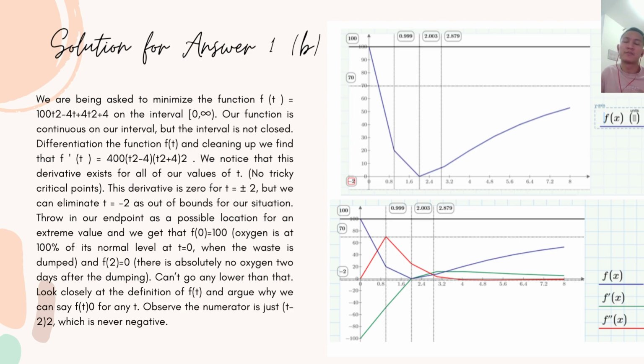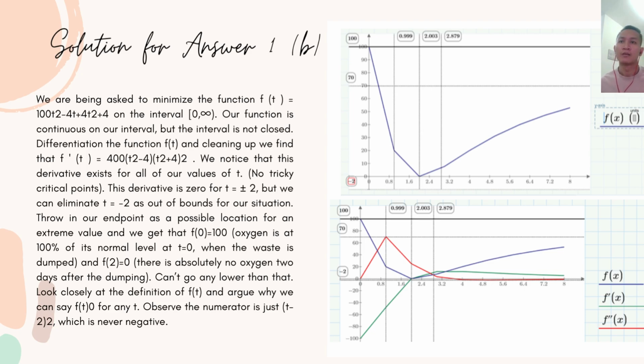The first derivative of f is f prime equal to 400 (t² - 4) over (t² + 4) squared, multiplied by 2. We notice that this derivative exists for all values of t, so there is no critical point. The derivative is 0 for t equal to positive and negative 2. Since we just focus on positive, we ignore the negative.